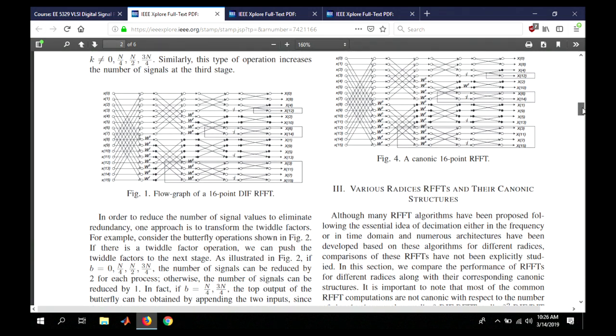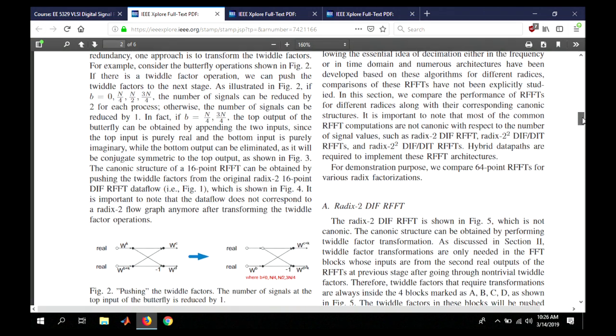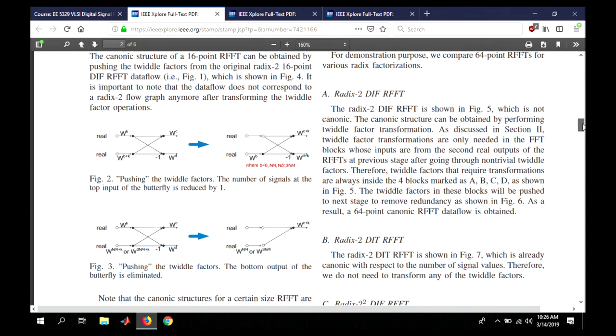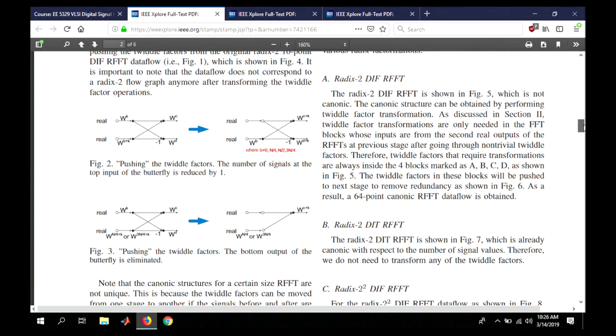Okay, radix 2 cube is a little bit different. There is the real multiplication after every 3 stages, but there are also so-called simpler multipliers after every 3l plus 1 stage.